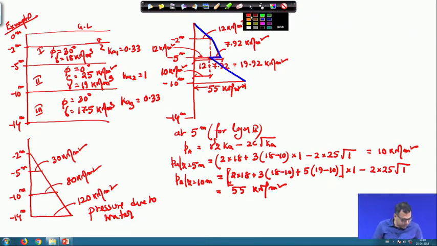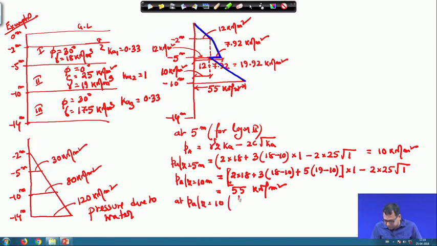Now, I will calculate Pa at z equal to 10 meter for layer 3, because I have done layer 2 and that is coming out to 55. What is the value for layer 3? Layer 3 Pa value will again use the effective overburden pressure.